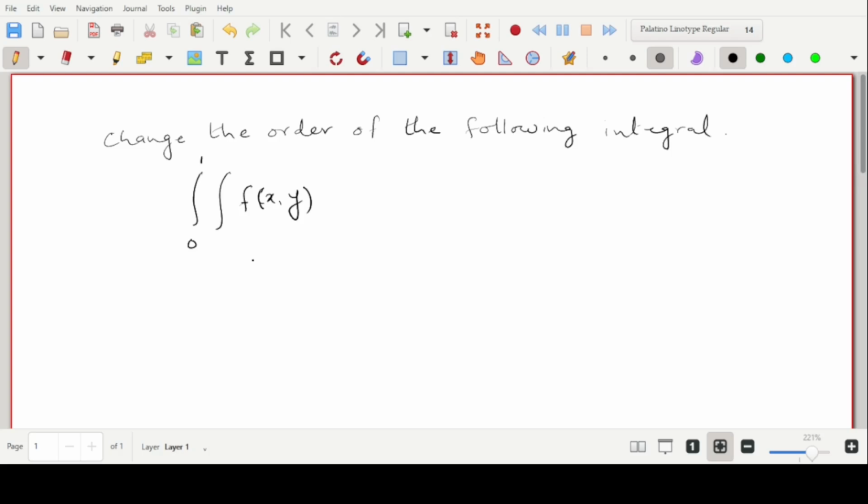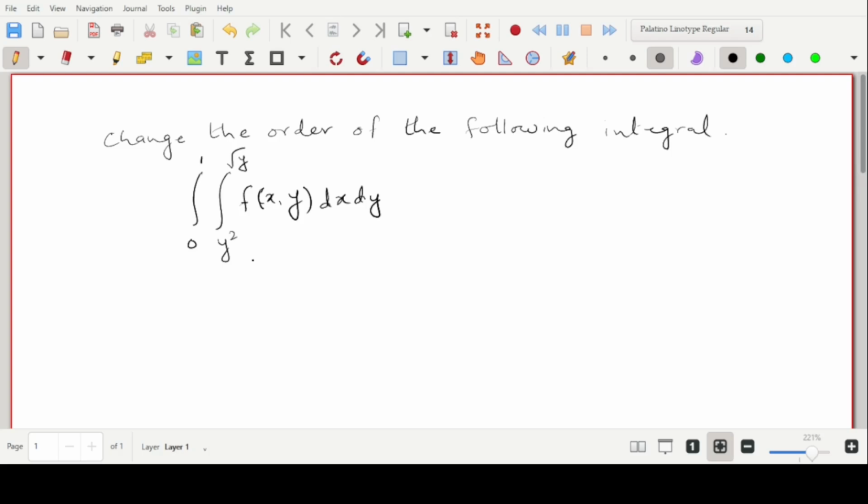Here we are first integrating with respect to x and then with respect to y, and the limits of integration of f with respect to x are expressed in terms of functions of y.